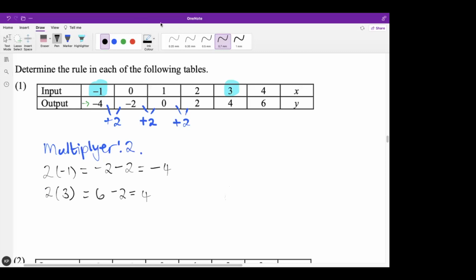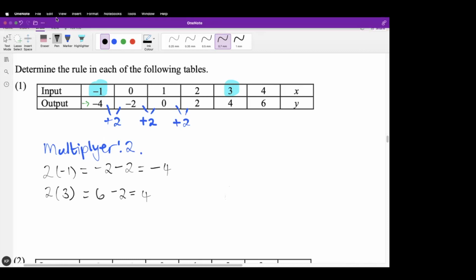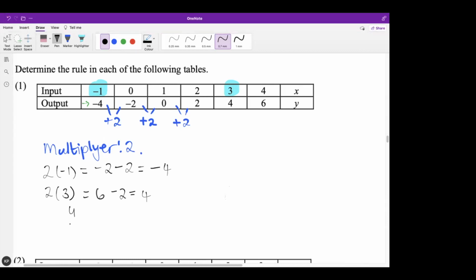So what is my rule, guys? What is the rule? Y equals... nice, guys. Y equals 2x minus 2.